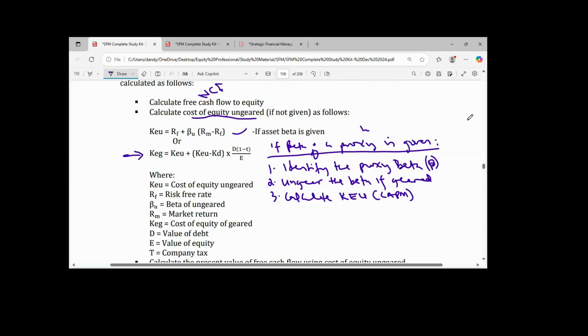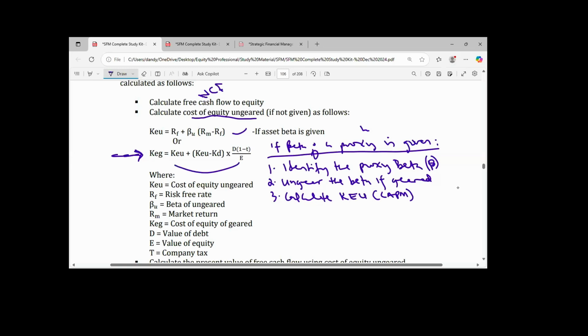You will recall that when we had cost of capital, under cost of equity, I told you that there are 3 methods of calculating cost of equity: 1 is dividend valuation model, 2, capital asset pricing model, then 3, Miller and Modigliani formula. And I told you then that when we get to APV, we are going to make use of that Miller and Modigliani formula. So this is the formula you have here.